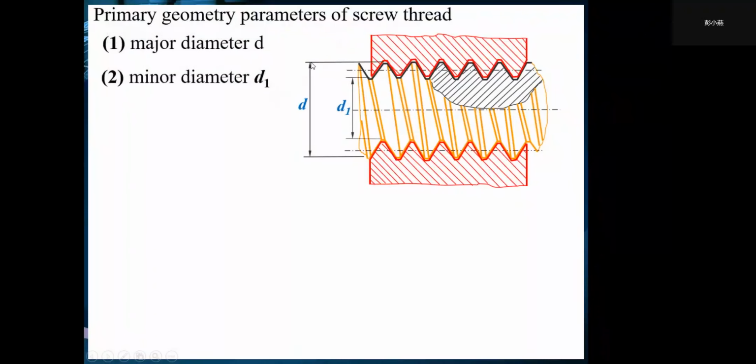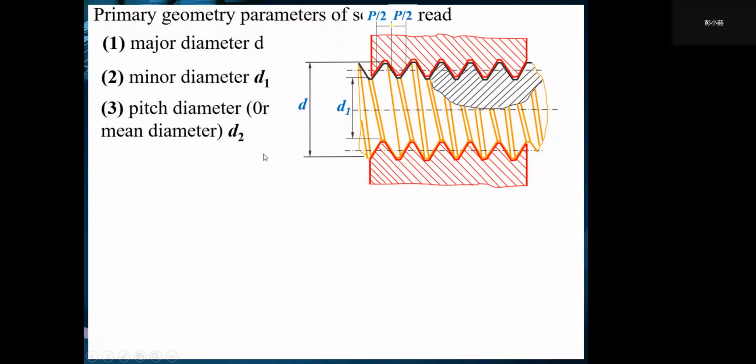The major diameter D is the largest diameter of the thread, and the minor diameter D1 is the smallest diameter.